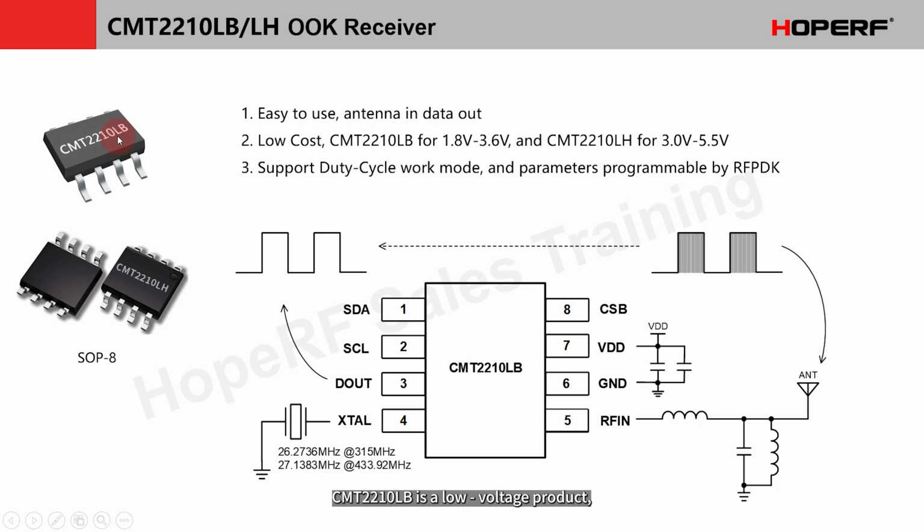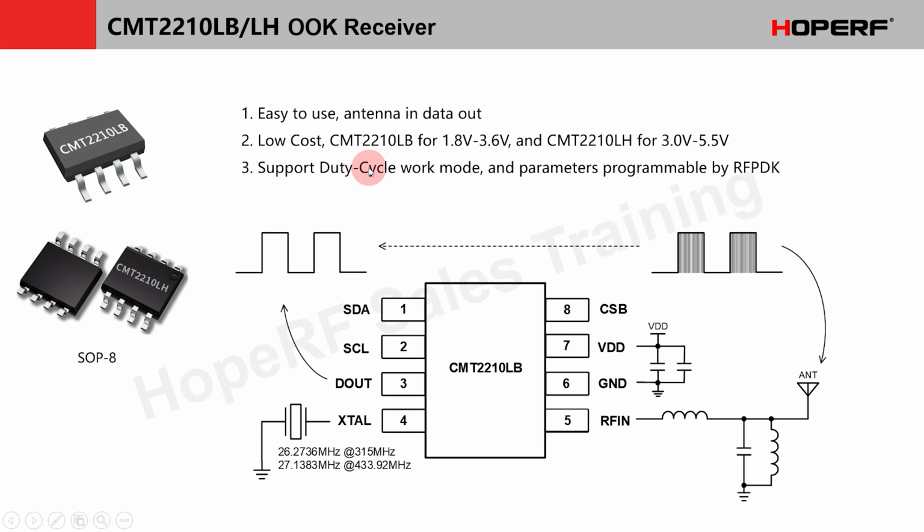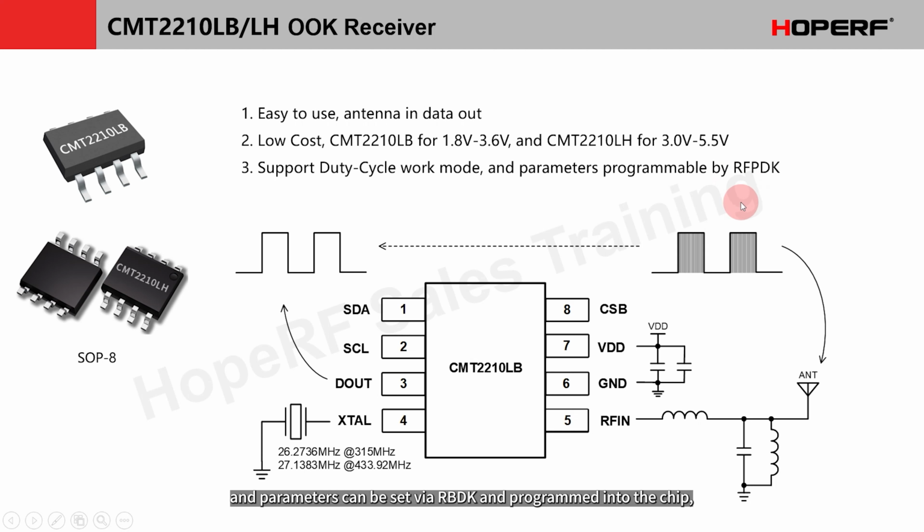CMT2210LB is a low-voltage product, with an operating voltage of 1.8 V to 3.6 V. CMT2210LH is a 5 V product, although its minimum operating voltage is 3 V. Its typical operating voltage is 5 V, with a maximum of 5.5 V. In addition, the CMT2210LB chip supports automatic duty cycle low power working mode, and parameters can be set via RFPDK and programmed into the chip, enabling low-power scenario applications.